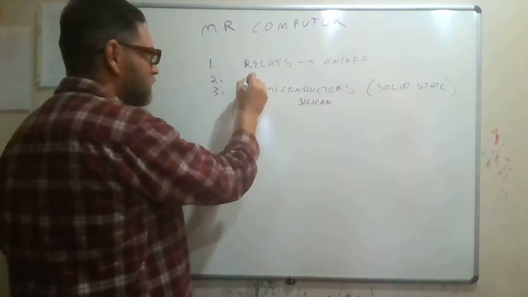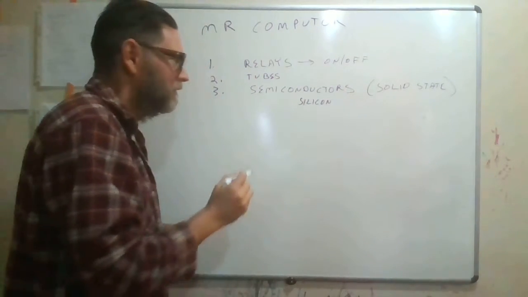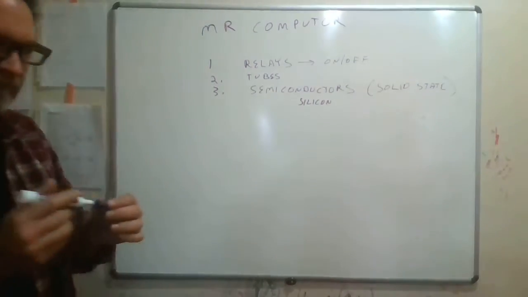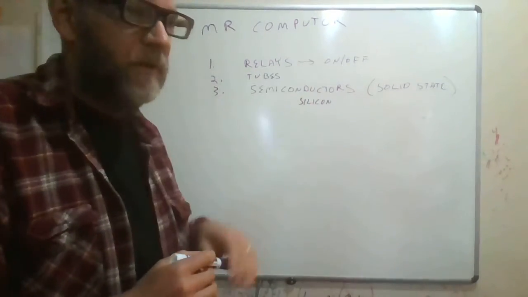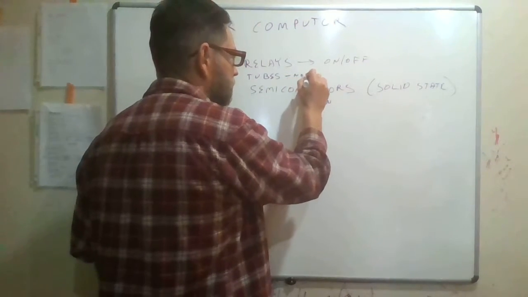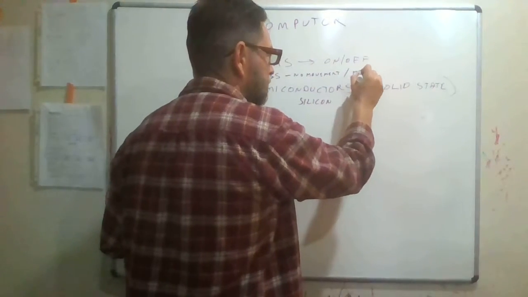Step 2 is tubes. Tubes were a form of a relay that had no movement, but did have heat.